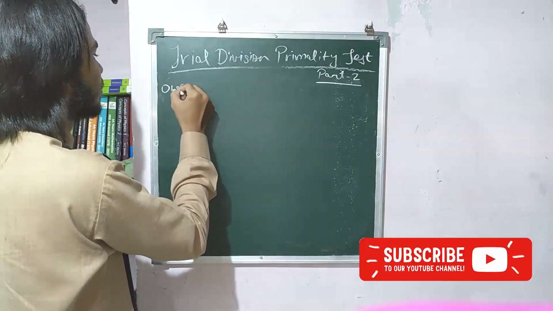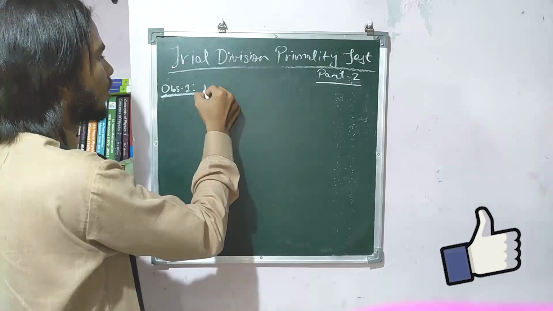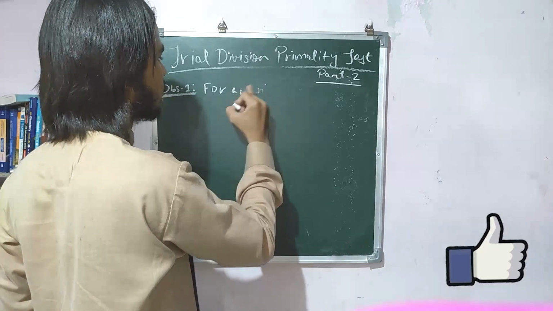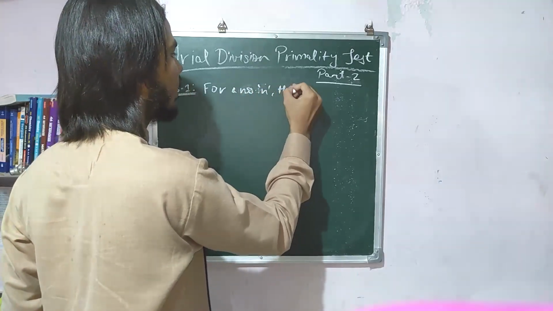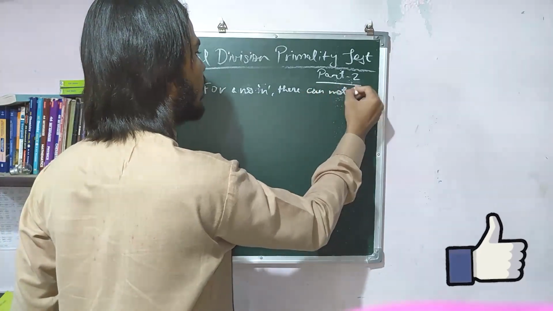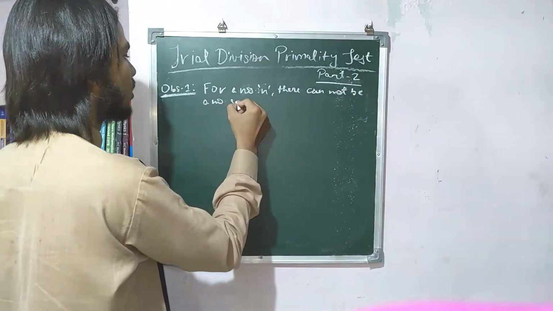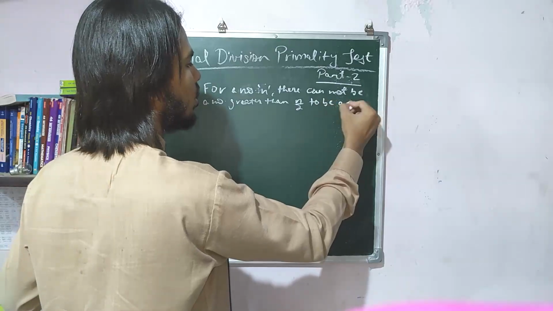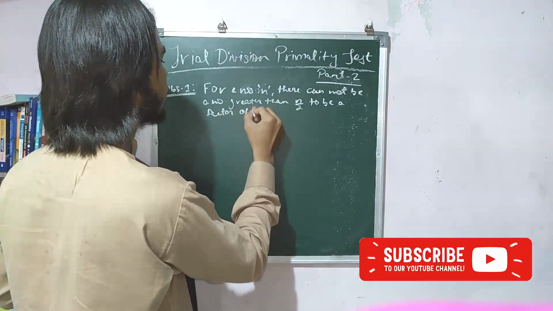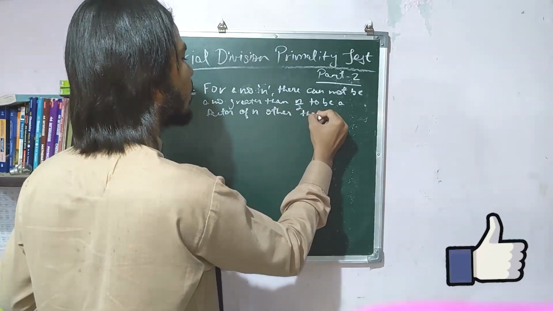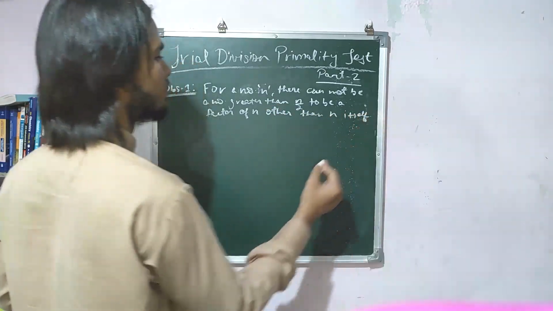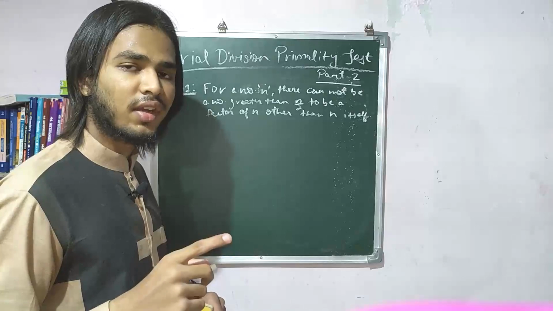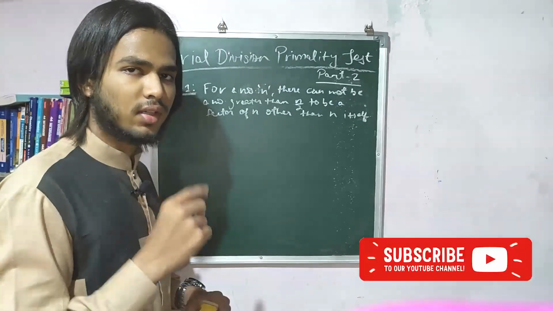Observation number 1: for a number n, there cannot be a number greater than n by 2 to be a factor of n other than n itself.